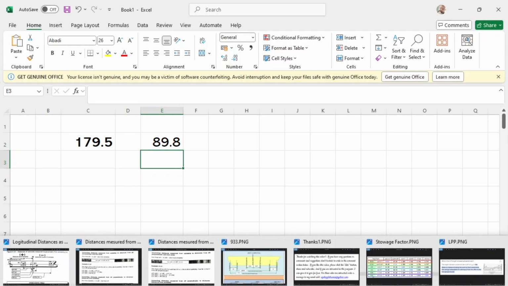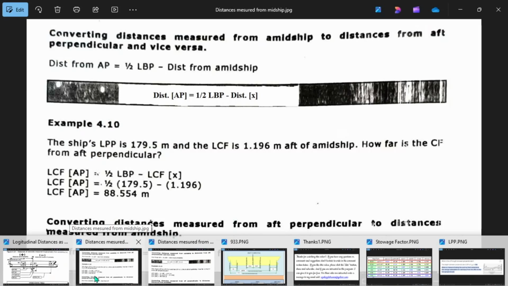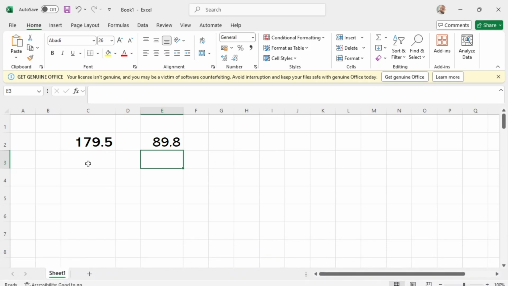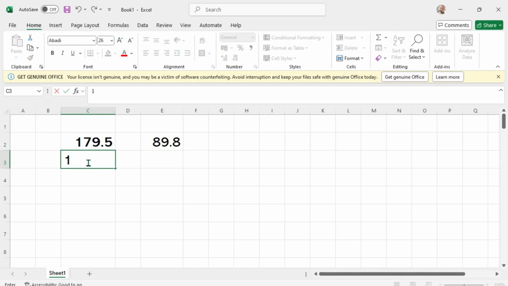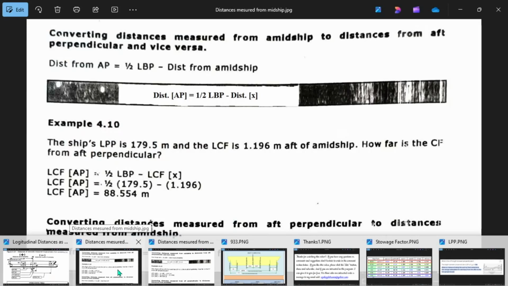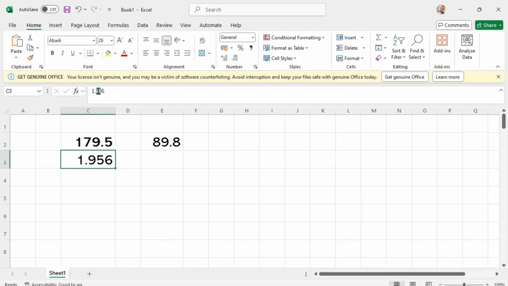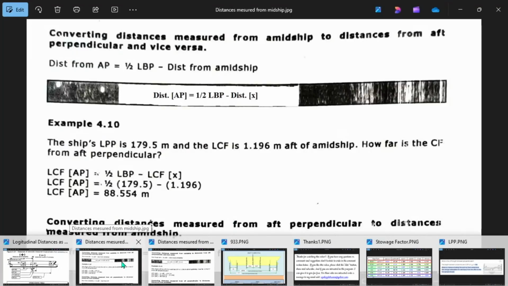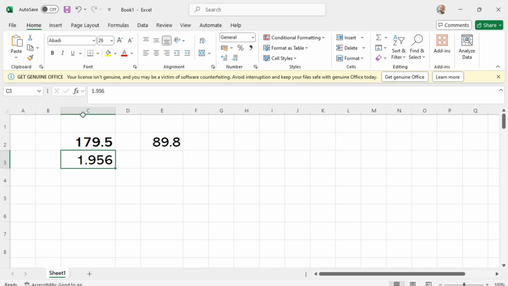So next, here, you deduct this one with 1.196. So put here 1.196. Okay, check. 1.196.